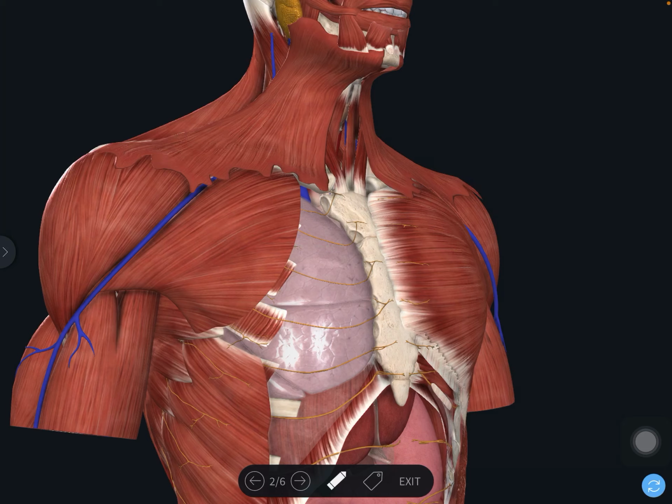So we have covered the intercostal nerve in detail. We have seen in this video intercostal spaces, number, what are typical, what are atypical, what are the boundaries of the intercostal space, contents.